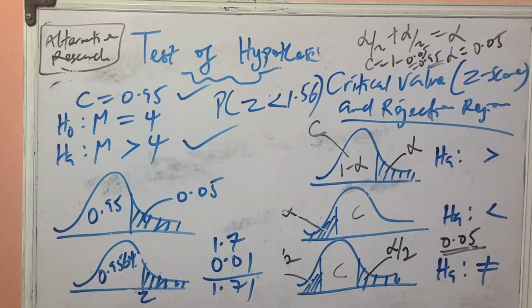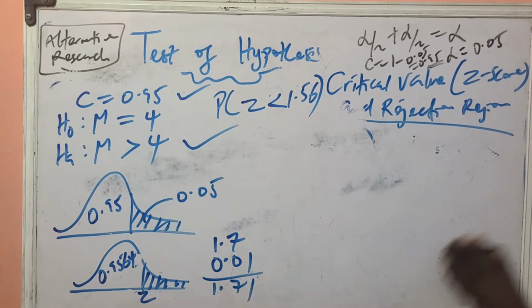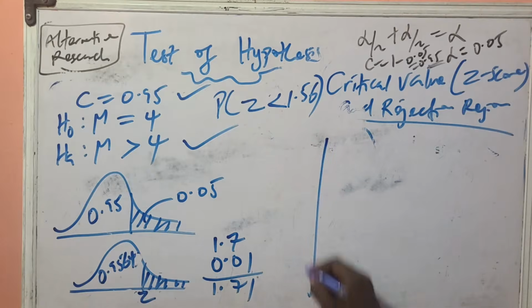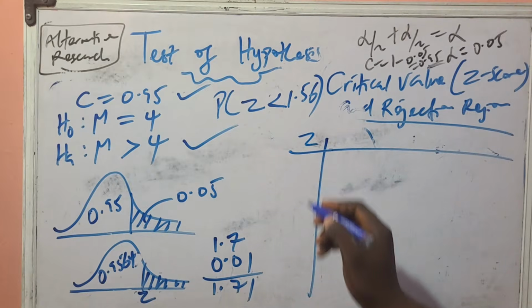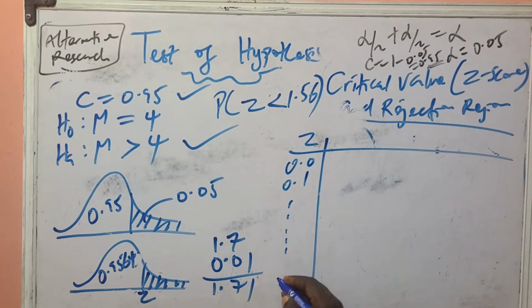I will go inside my table. Inside that table, of course, you know how the table is. I believe everybody is aware of that. We have the way the table is arranged. We have Z, we have 0.0, 0.1 up until 3.4.